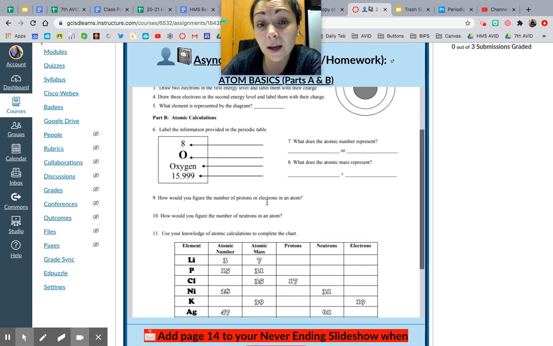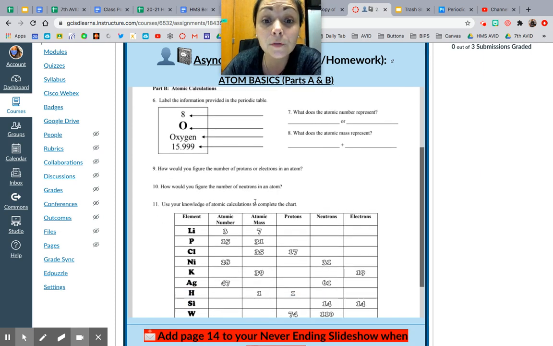You look at the atomic number, and the atomic number is the protons, and it's the same as the electrons. So nitrogen's atomic number is 7, so it has 7 protons and 7 electrons. How do you find the number of neutrons? So it's MAN, M-A-N: mass number minus atomic number equals the number of neutrons.